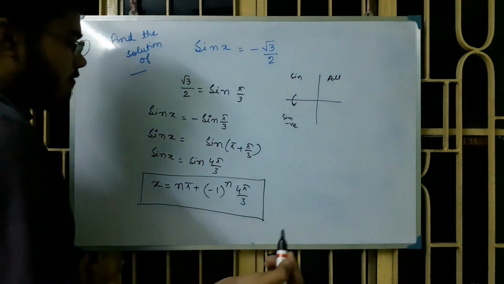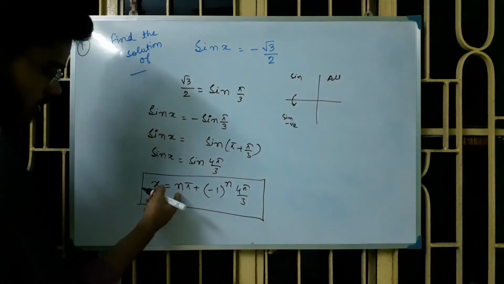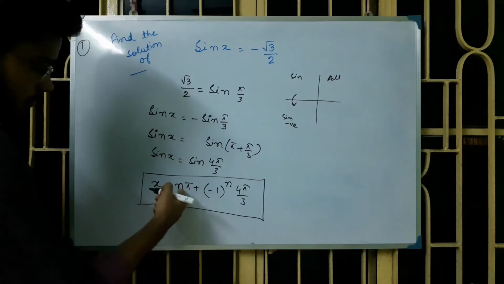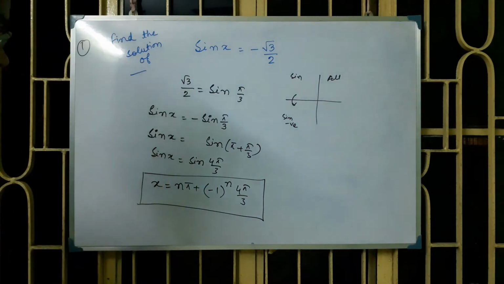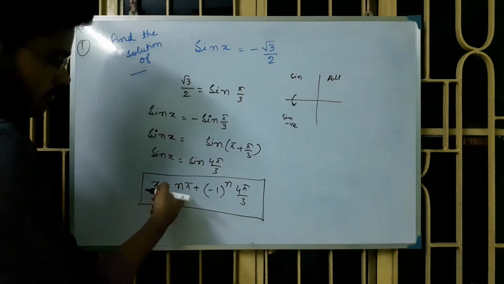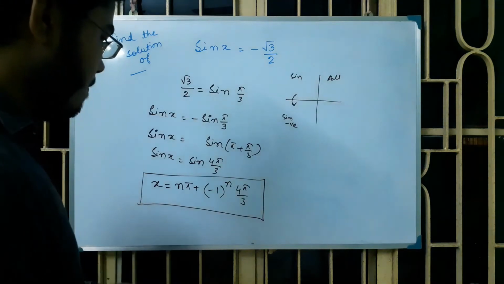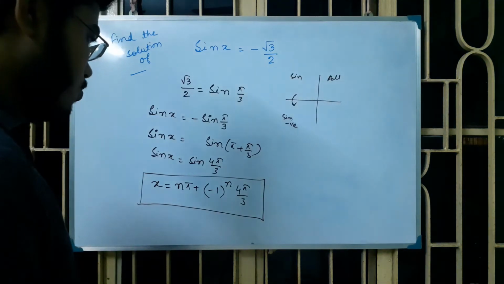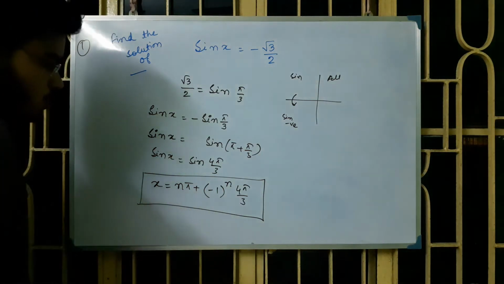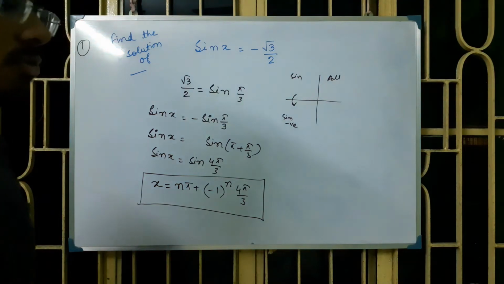You can write any values of n. If n is 0, then this is 4 pi by 3. That will also be correct. If n is 1, then that is pi minus 4 pi upon 3. That will also be correct. If n is 2, then 2 pi plus 4 pi upon 3, that is also a correct answer.